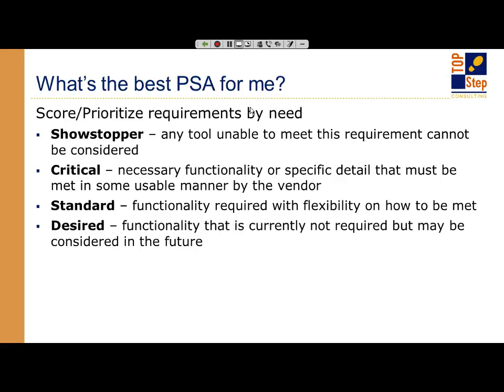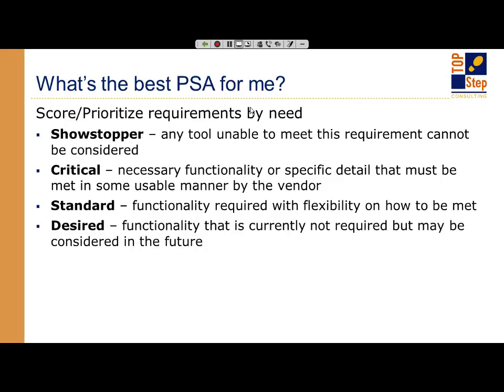It only worked on Internet Explorer browser. So if your company is flexible and uses Firefox and all the different versions out there, and this tool only works on one of those, then that's a showstopper and you can't select that tool. So identify if there are any showstoppers, because immediately you will be able to discount any potential vendors because they can't meet that showstopper.